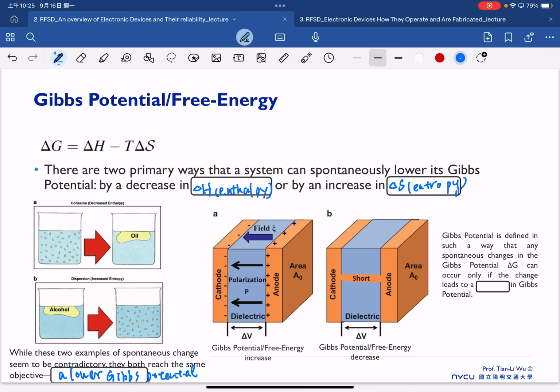For example, in the beginning, you put a certain oil inside this container, inside this solution. After a while, the oil will try to accumulate together, because it is trying to reach a decrease of delta H.